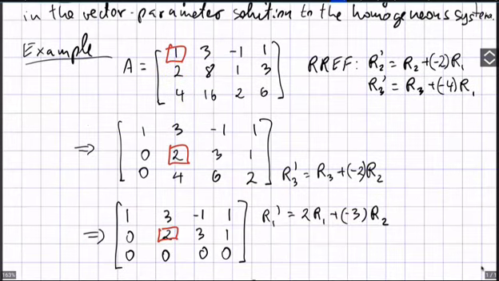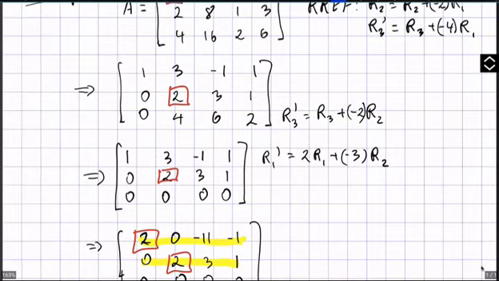With this we get the zeros in the 2-1 and 3-1 entries, and then we go to the next pivot in the second row, second column. 2 is a pivot, and we zero out the entry under it. We have to zero out 4. So for that we add to row 3 minus 2 times row 2. And this actually zeroes out the whole third row, not just the entry under the pivot.